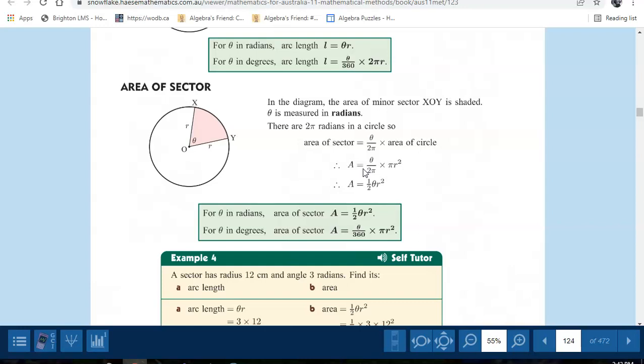Everybody's silent. 360 degrees in a circle. So all we're doing is changing that 360 to 2 pi, because we know pi is 180 degrees. That allows us to cancel. We've got a pi upstairs, a pi downstairs, but it all comes from the same area formula. So that's how we now have this little formula for area of a sector.